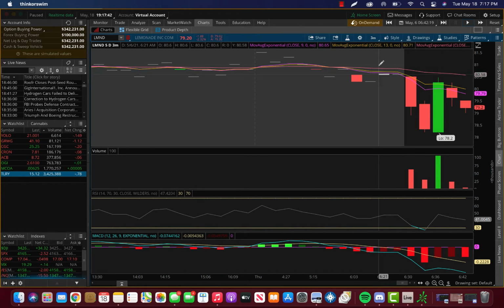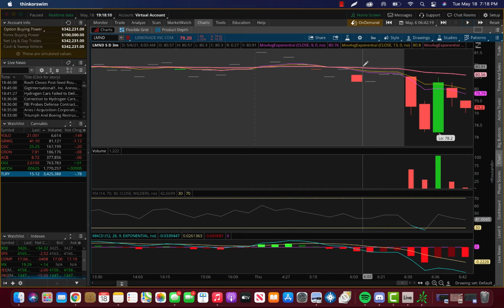Again, this is TD Ameritrade Thinkorswim. We're on demand, so we're just playing it back. But I highly recommend people use Thinkorswim because it's a great platform to practice on. Practice, practice, practice. I highly recommend that any beginner who wants to get into trading practice trading for at least a month to 3 months.